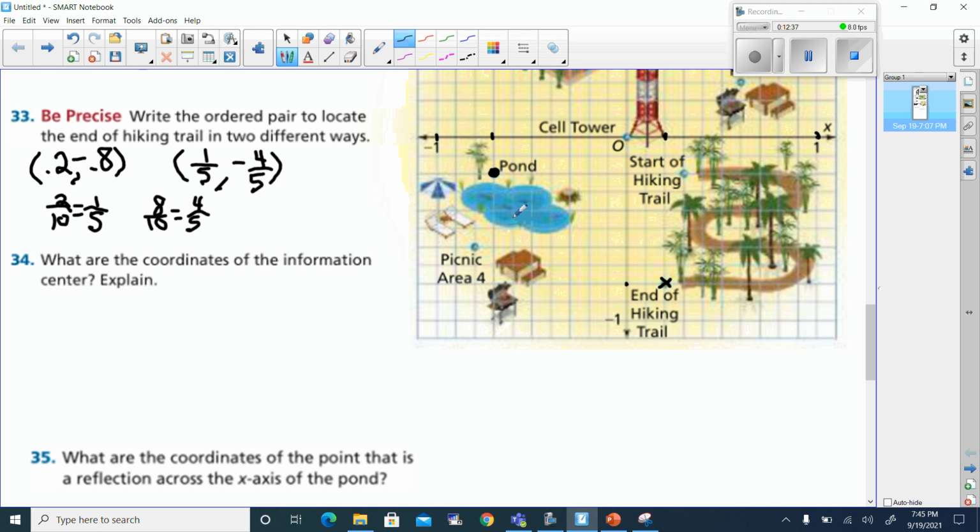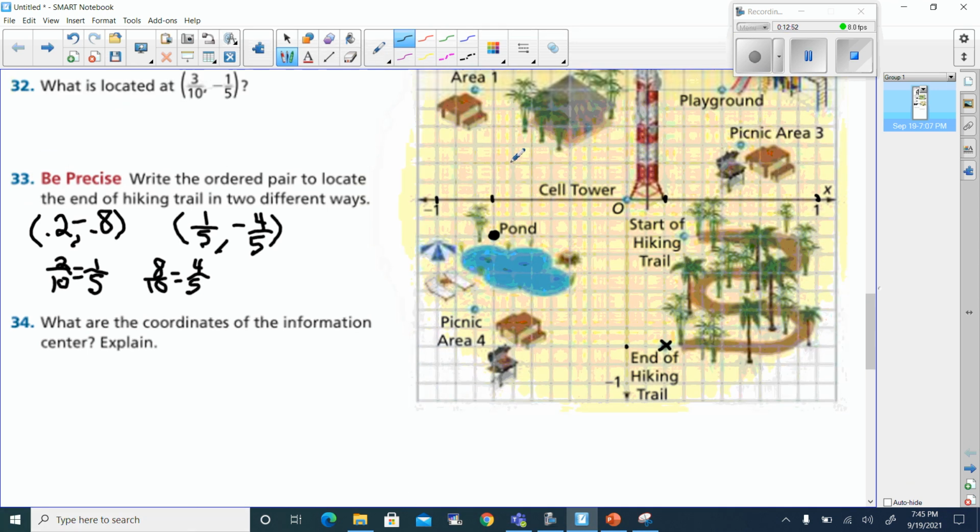What are the coordinates of the point? Okay, well, they want the point of the pond to be here, and that across that would be, we said 1, 2, 3, 4, 5, 6, 7, negative 7. So it would still be negative 7 because it's reflecting across here. So my first one is going to be negative 7.